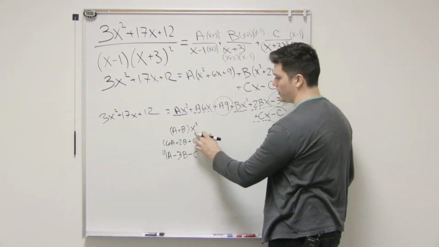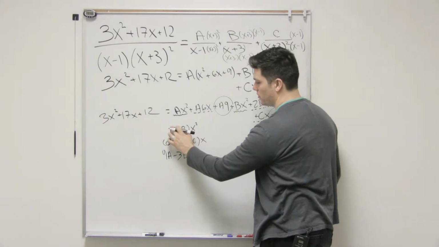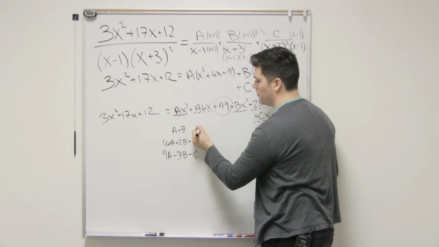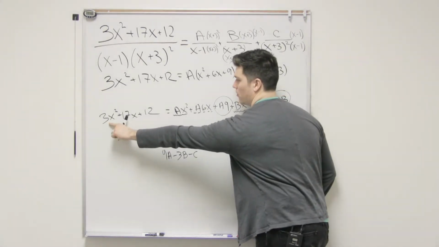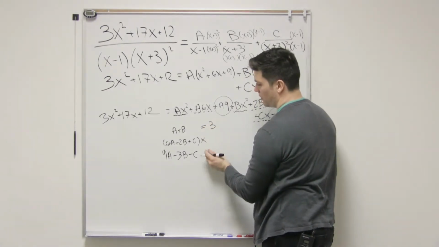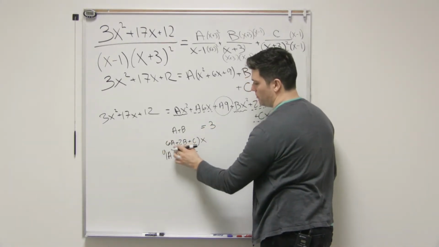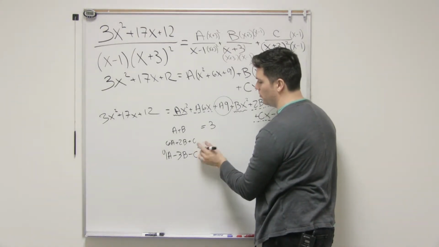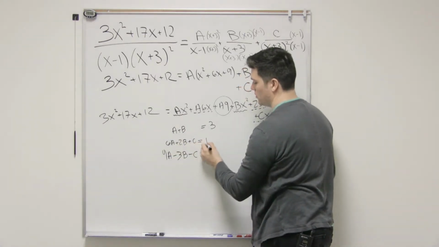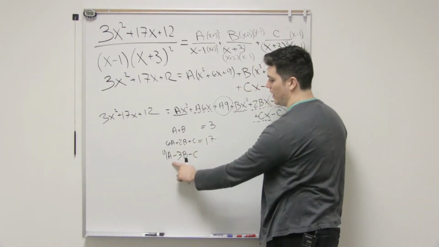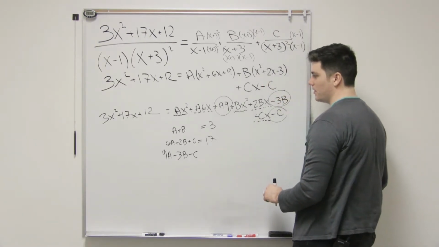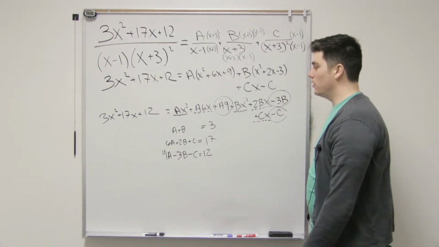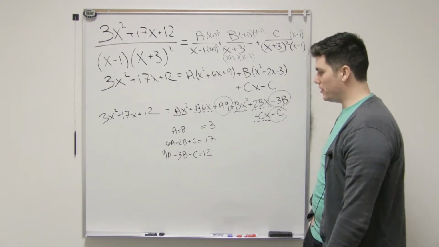So we can now transform this into a system of equations. We've got a plus b x squareds. So a plus b needs to equal 3. 6a plus 2b plus c is the coefficient on x. So that 6a plus 2b plus c needs to equal 17. And this 9a minus 3b minus c needs to equal 12. So now we can go through and solve this.